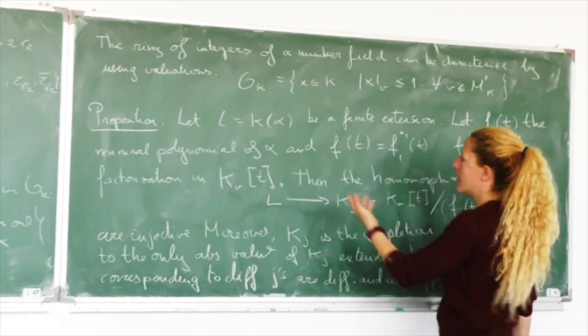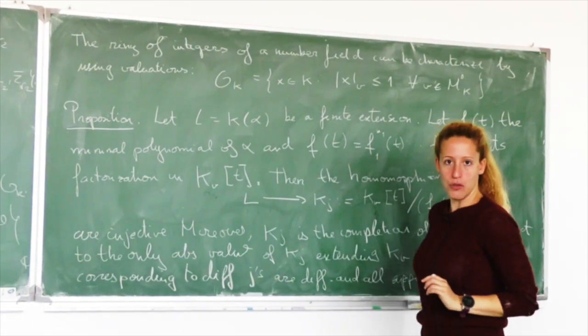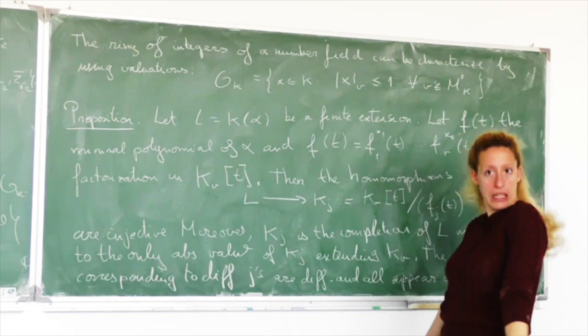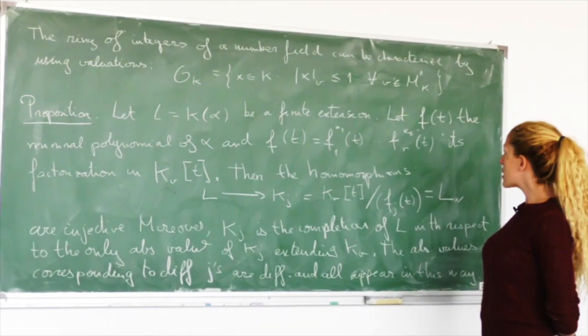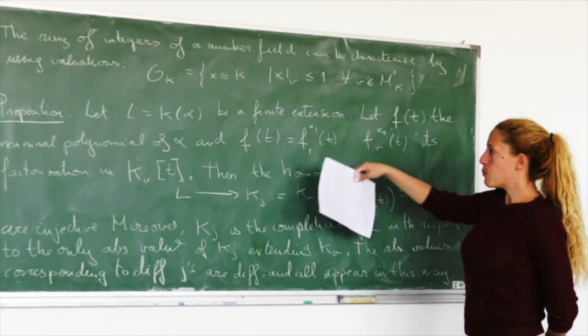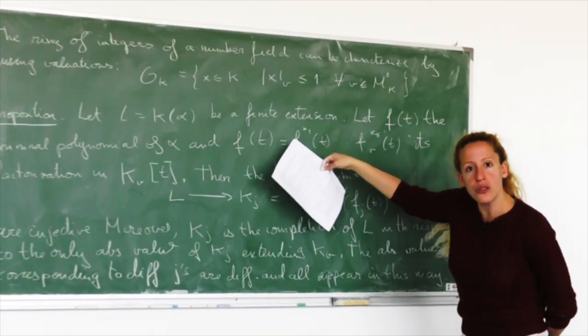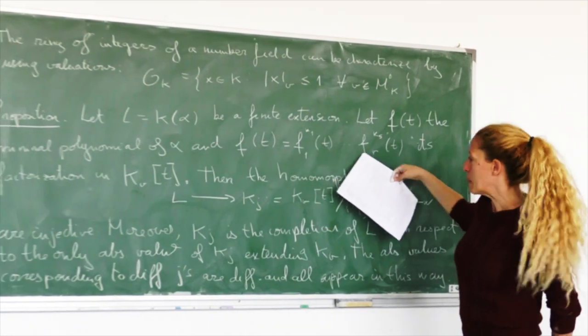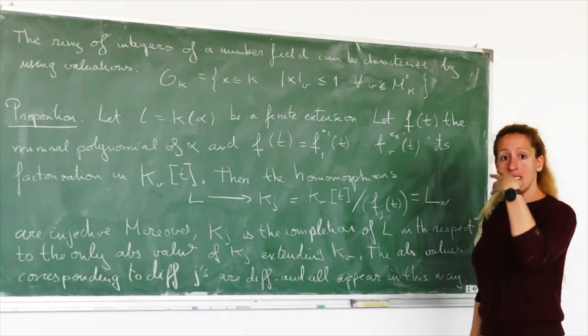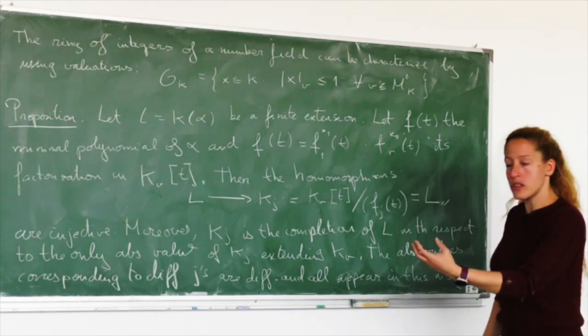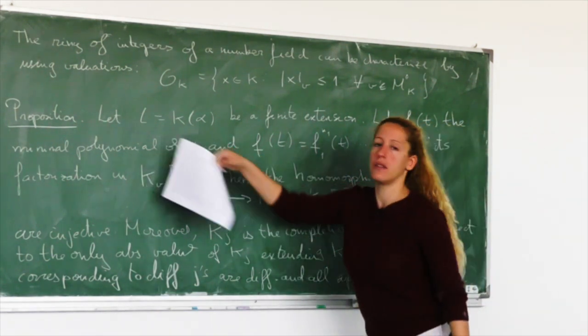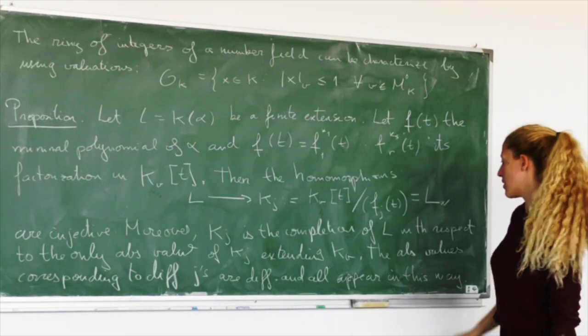So basically what I need is a primitive element, if I'm working with number fields, and we know that we have them. So we have such a finite extension given by a minimal polynomial, and then the factorization of this minimal polynomial actually tells me about the completion at the different valuations of the field L, and gives me a precise description like this.